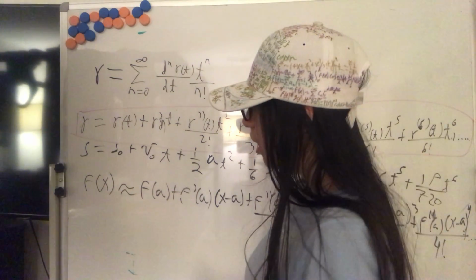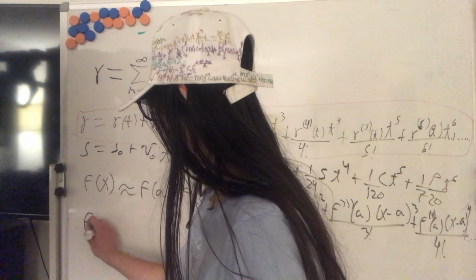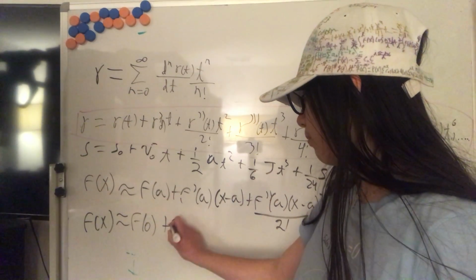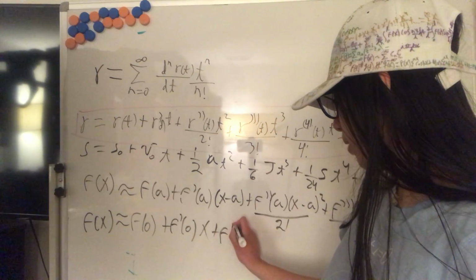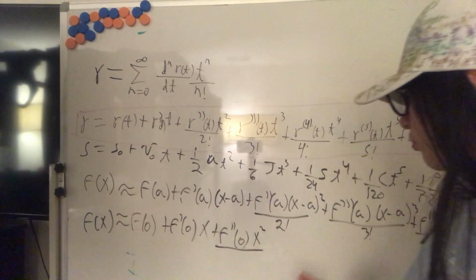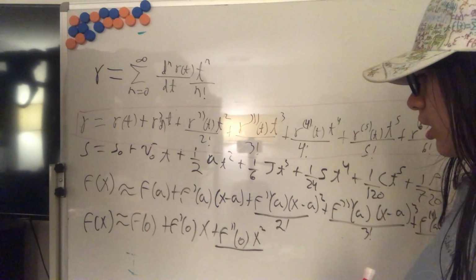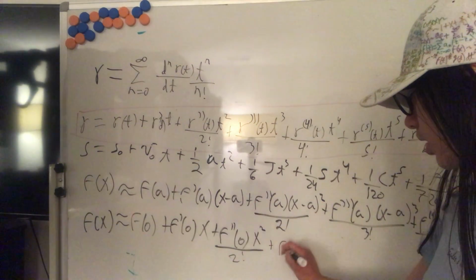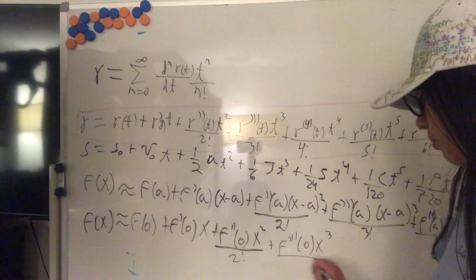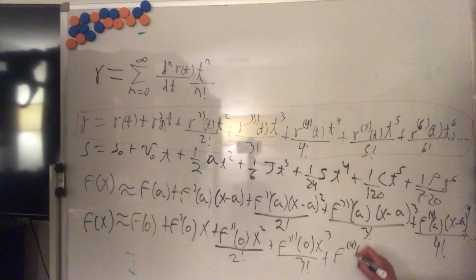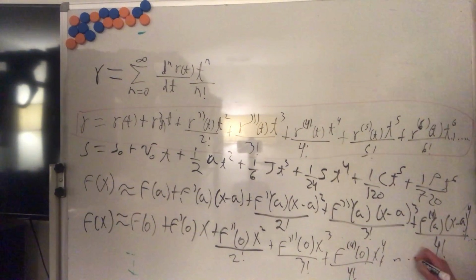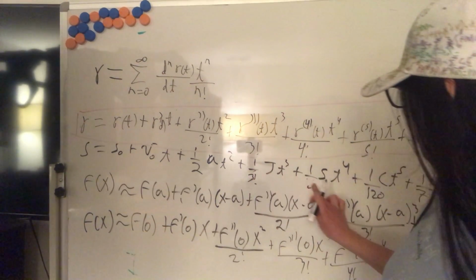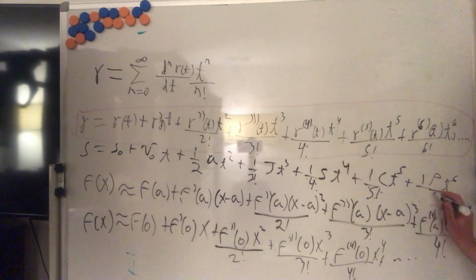So if we center the Taylor series at 0, f of x would be approximately equal to f of 0, that is the original function, plus f prime of 0 times x, plus f double prime of 0 times x squared divided by 2 factorial, because I'm centering at 0, plus f triple prime of 0 times x cubed divided by 3 factorial, plus the 4th derivative of f evaluated at 0 times x to the 4th power divided by 4 factorial, etc. Here we can put 2 factorial, 3 factorial, 4 factorial, 5 factorial, and 6 factorial.